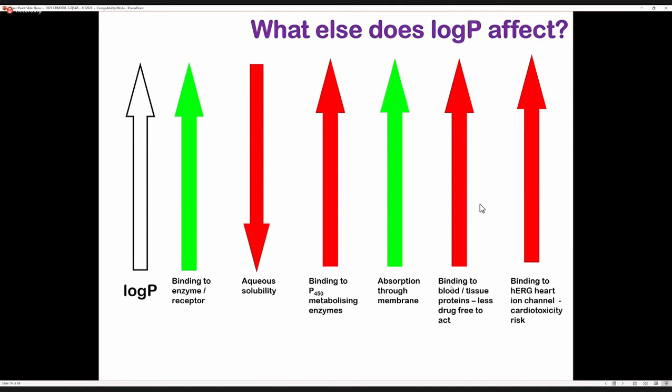Okay, so log P needs to be optimized. For a drug candidate, log P is quite important. That's why it is very famous. In drug design, people usually first look at log P. If log P is not good, it is not considered as a drug candidate.